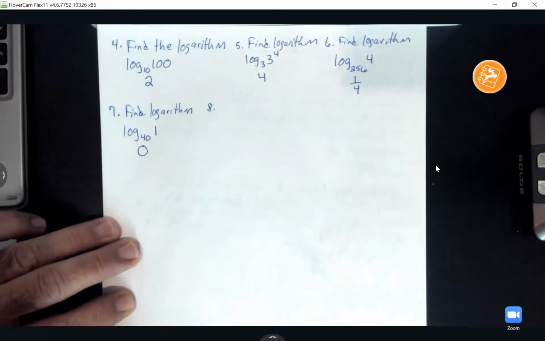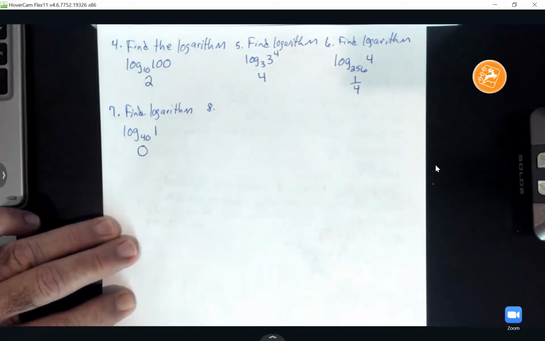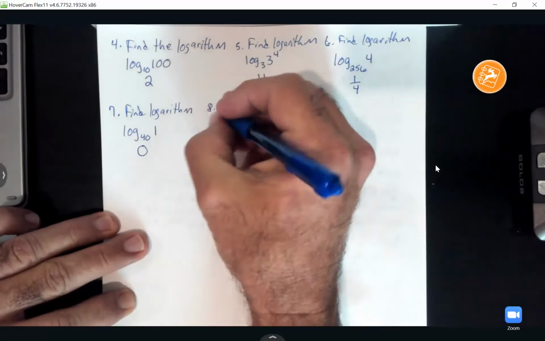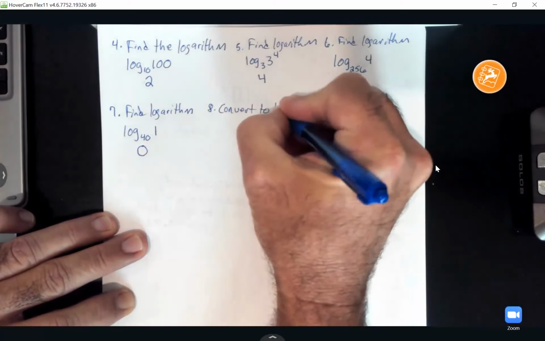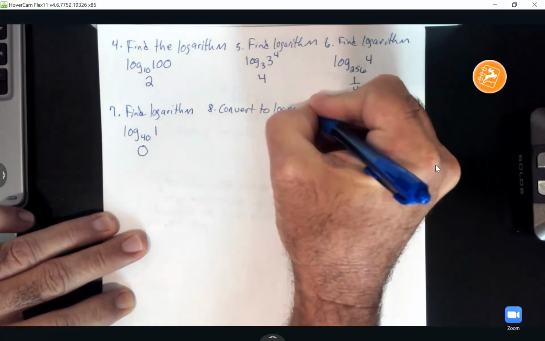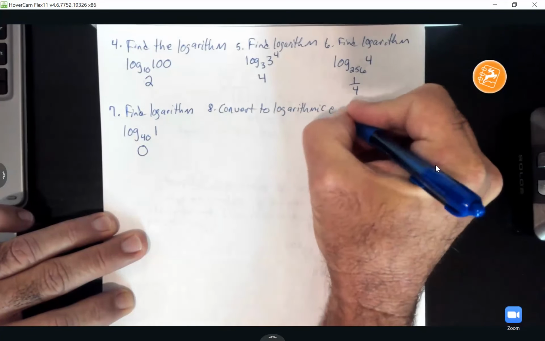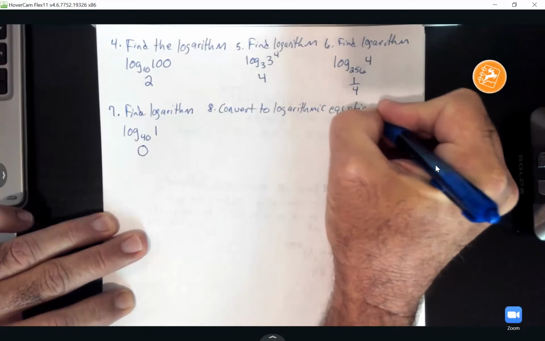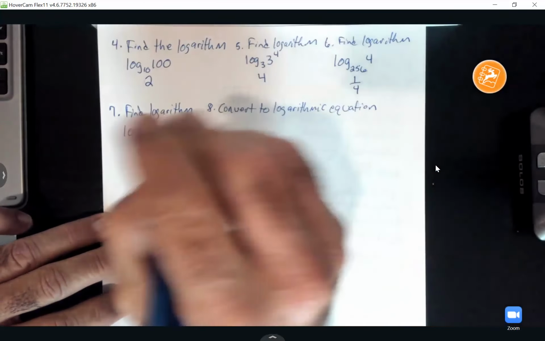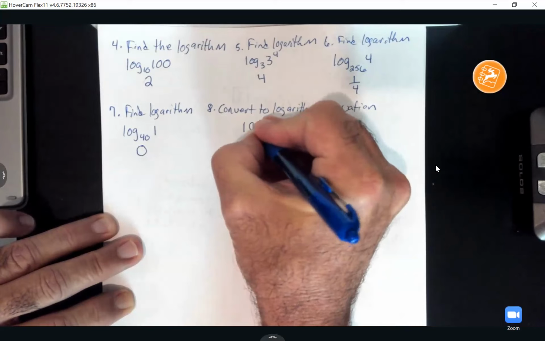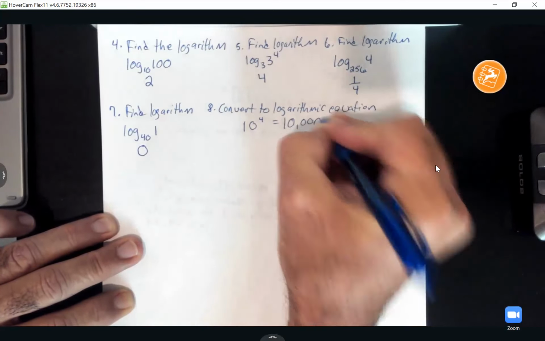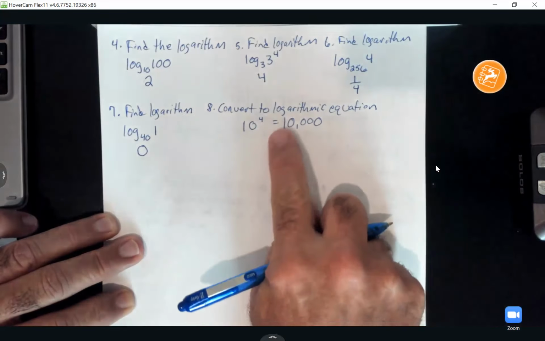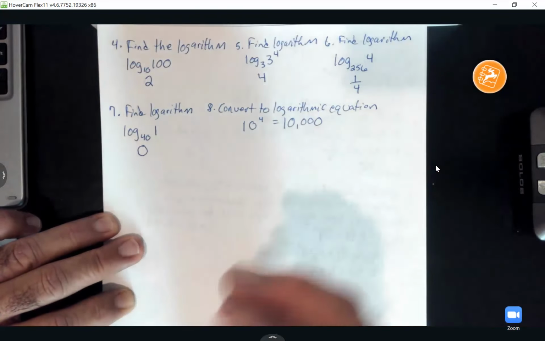Now, on 8 and 9, they want to convert to a logarithmic equation. So we're going to convert to a logarithmic equation. So my exponential equation is 10 to the 4th equals 10,000. So we're going to convert this into a logarithmic equation.